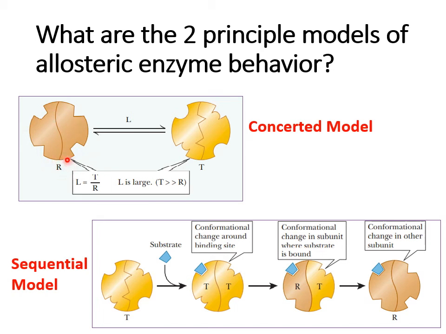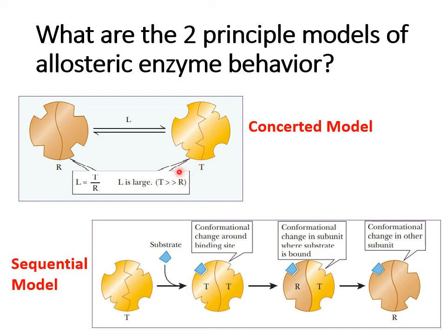Whenever you see R, that's the relaxed conformation, which is the active conformation. Okay, so R is active. And when you see T, that is the tight or also called taut conformation, which is the inactive conformation.